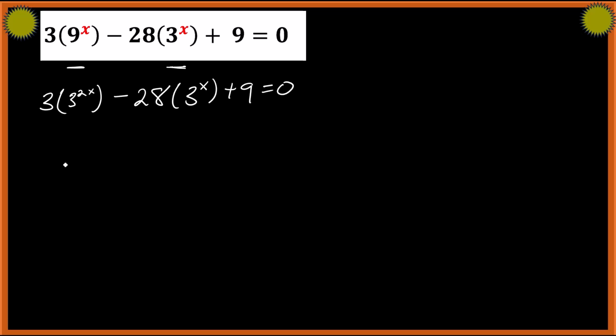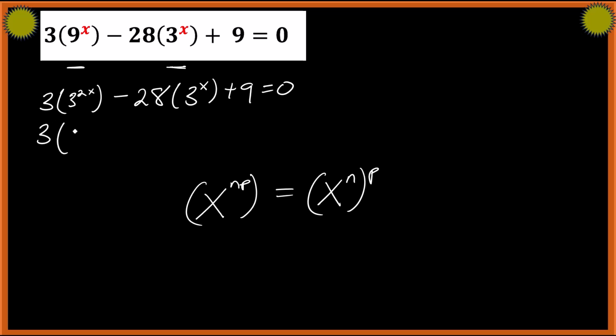All right, now in case we're given x raised to np, it is the same as x raised to n, all raised to p. So we can write this one as 3 times 3 raised to x, all squared, minus 28 times 3 raised to x plus 9 equals 0.